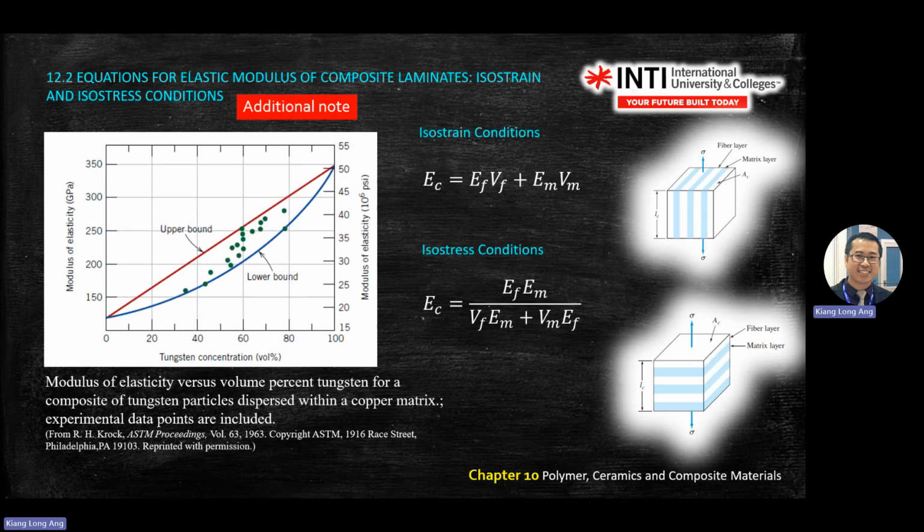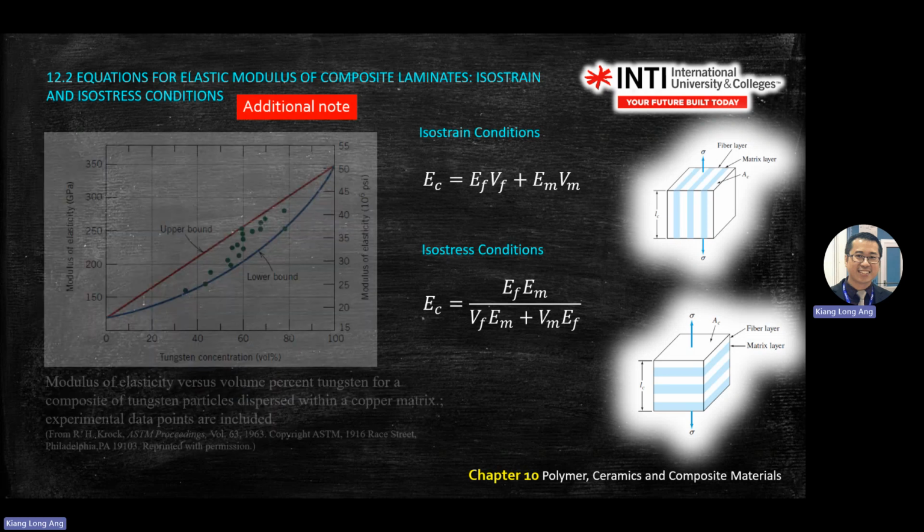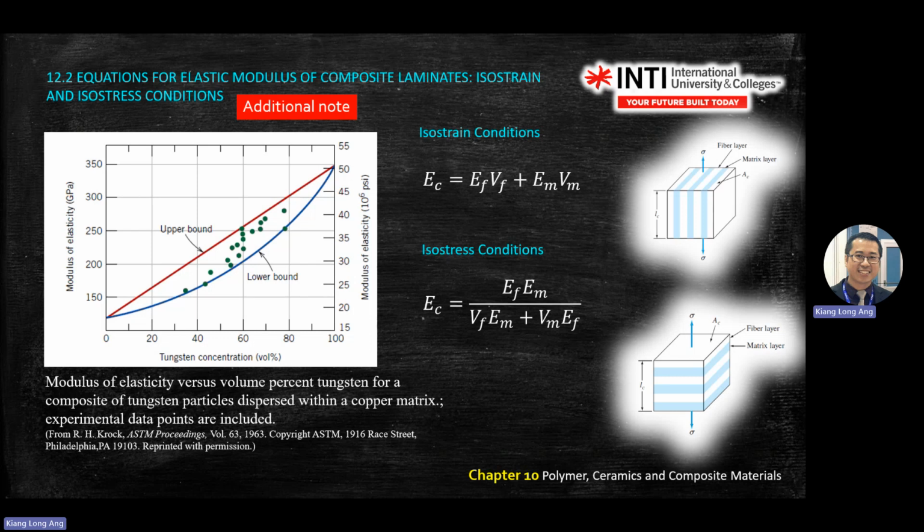Then this is additional notes: what is upper bound, lower bound, and so on. This is tungsten concentration versus composite E, for a composite of tungsten dispersed in a copper matrix. You have an upper bound and a lower bound.